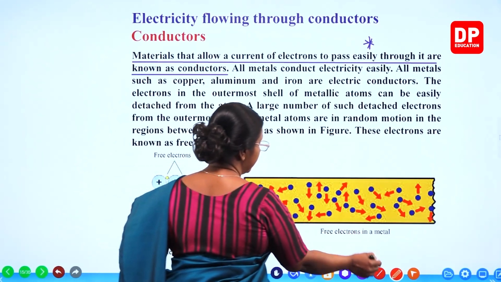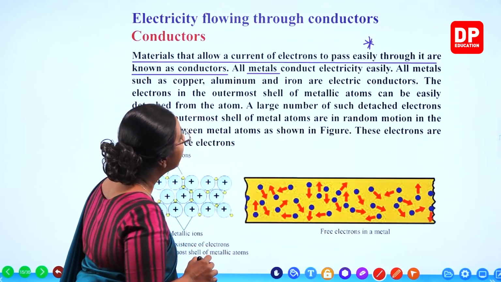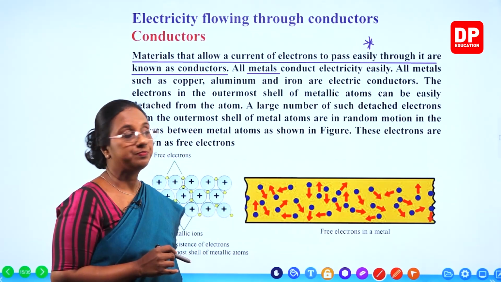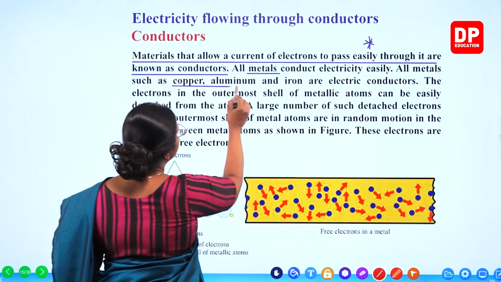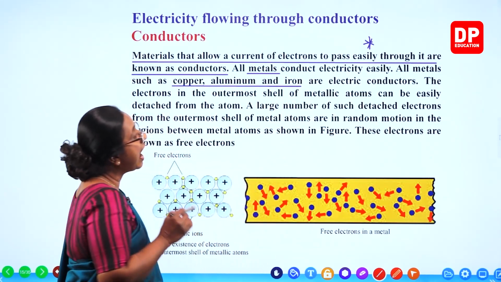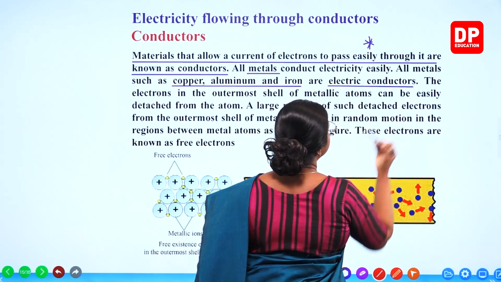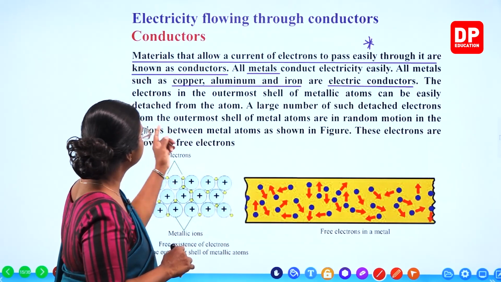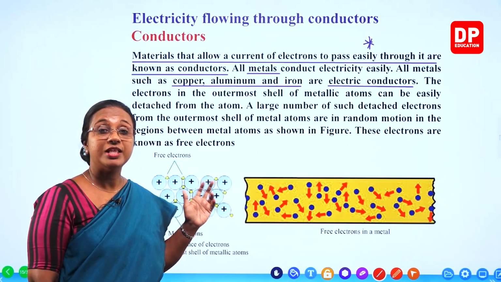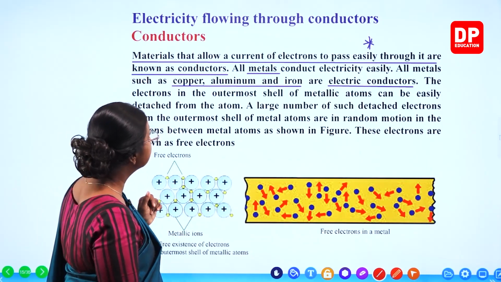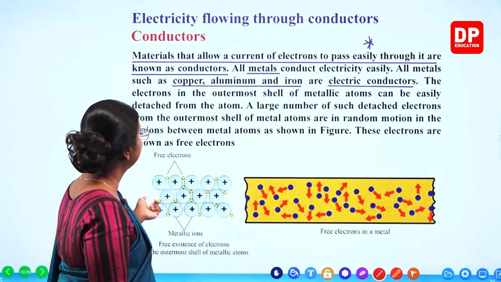So here again, all metals conduct electricity easily. All metals such as copper, aluminium and iron are electric conductors. You have to remember all these terms. So they can conduct electricity easily, or a current of electrons can pass through them easily.